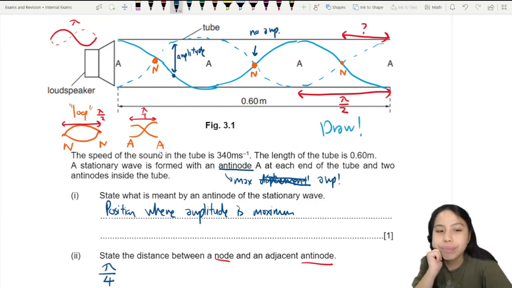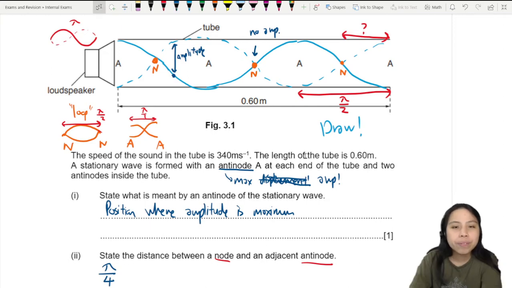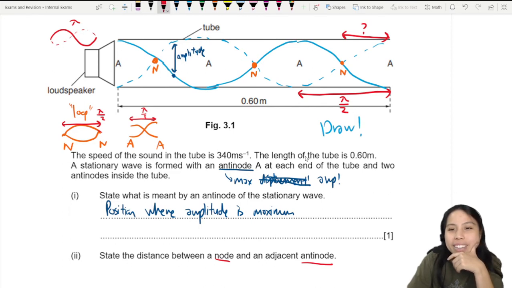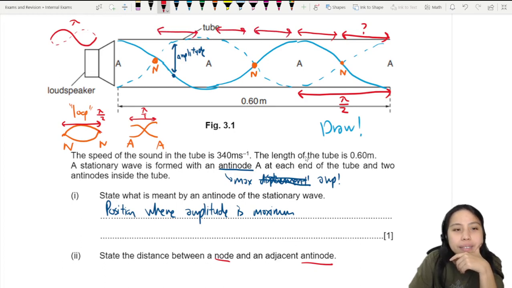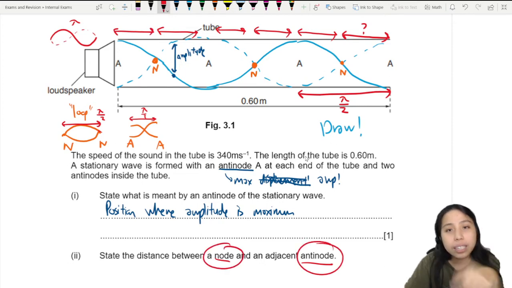Okay. How do we chop this up? Do we need to chop this up? Yeah, I think we don't need to use lambda over 4. Let's just chop it up, just some straight math. Okay, from all the nodes, let's chop 1, 2, 3, 4, 5, 6 sections between a node and an antinode.